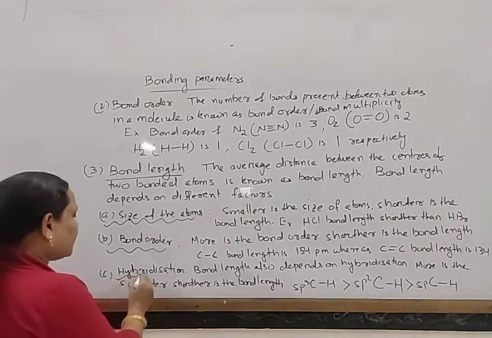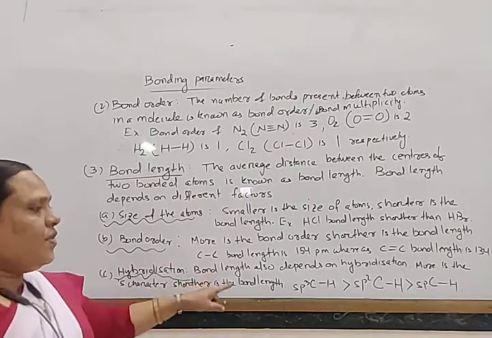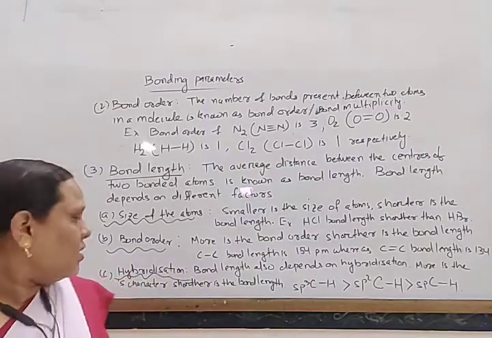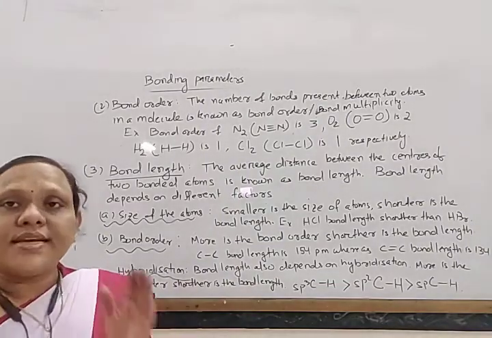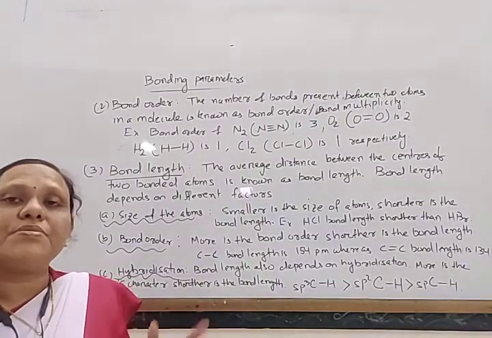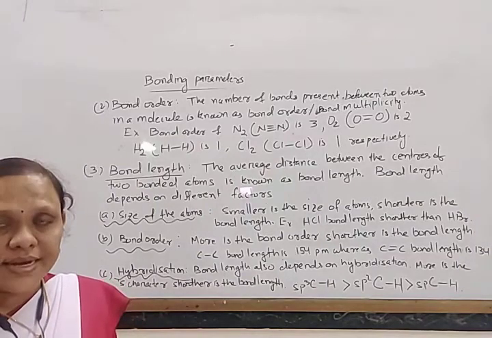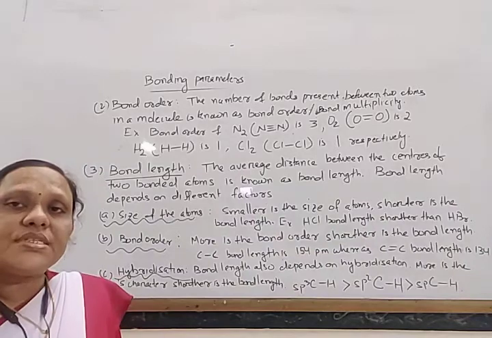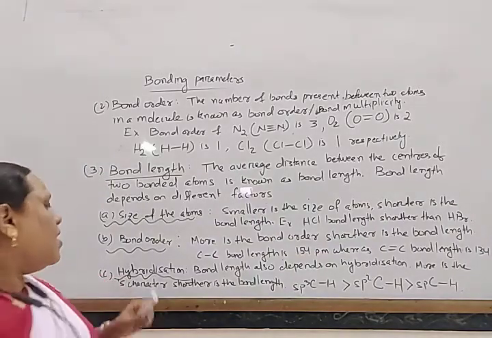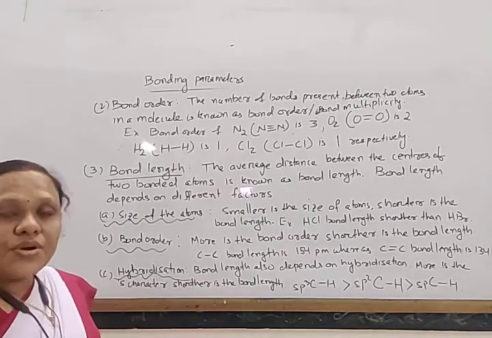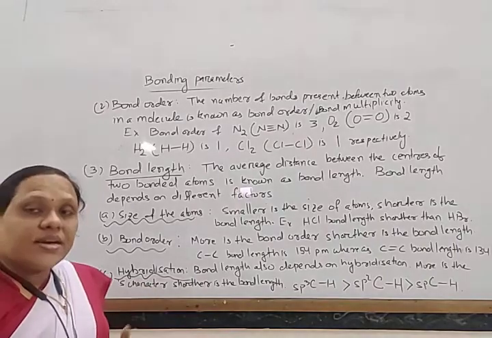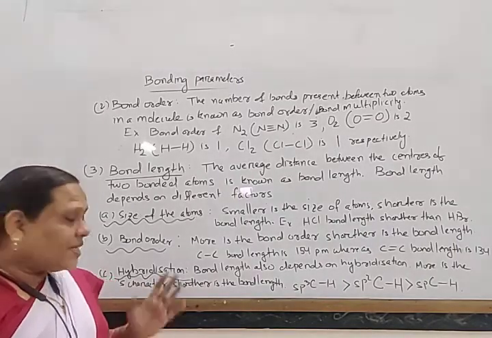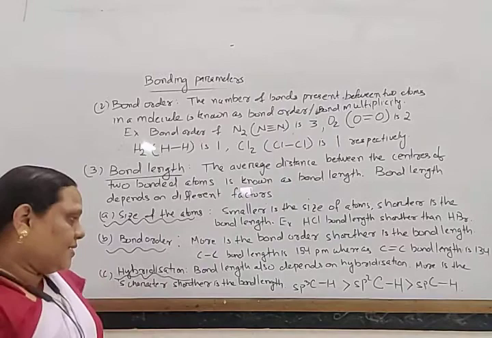Next, hybridization. Bond length also depends on hybridization. The s orbital has smaller size than the p orbital. P orbitals are elongated, the s orbital is spherical, so smaller in size. Due to this, if the s character is more, the bond length is less.